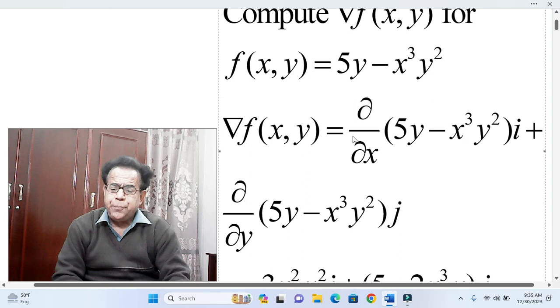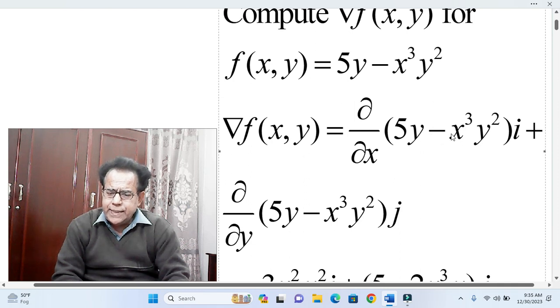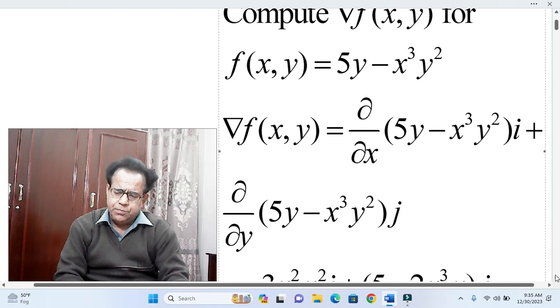Dear students, the partial differentiation of this factor with respect to x will be 3x^2 y^2 with a minus sign, and the partial derivative of this factor with respect to y will be 5 minus 2x^3 y. Okay, we move forward.